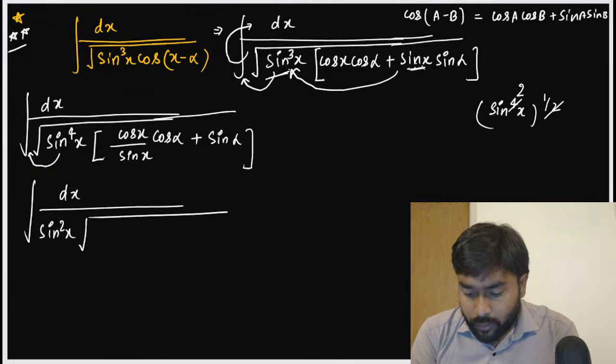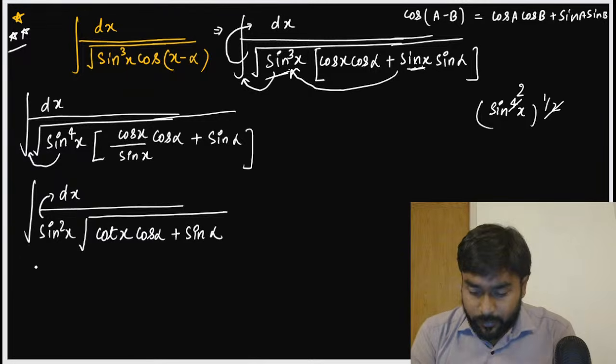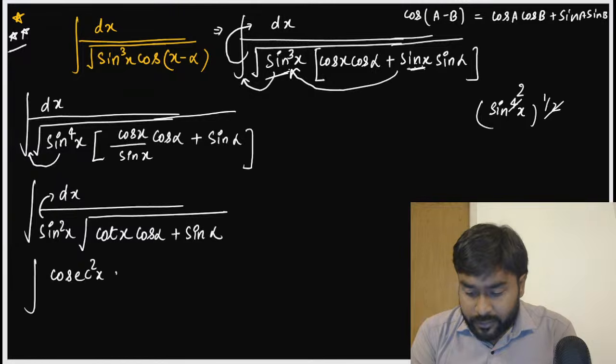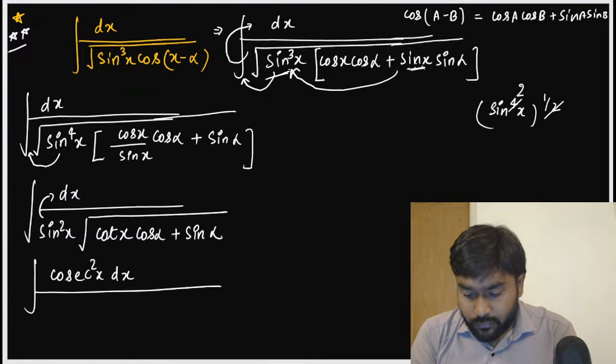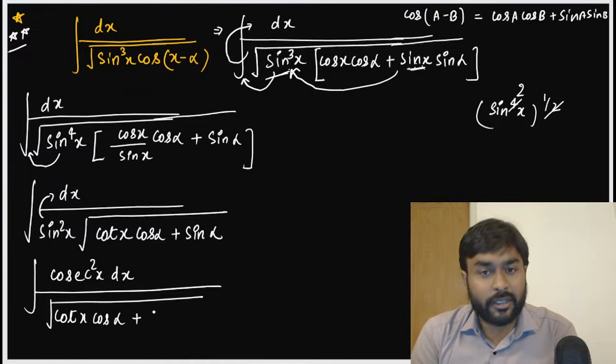Here, under root, cos by sine will become cot, so cot x cos alpha plus sine alpha you can write. Correct? Okay. So this sine square x will go in the numerator. It will become cosec square x. So cosec square x dx, then here is cot x cos alpha plus sine alpha. This we can write.